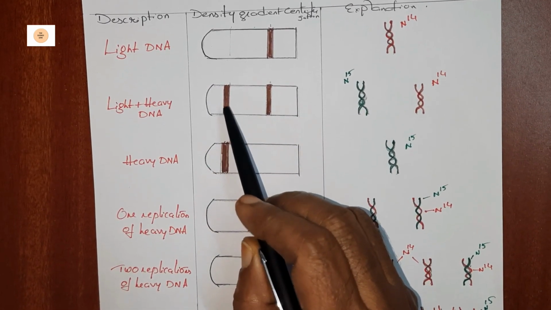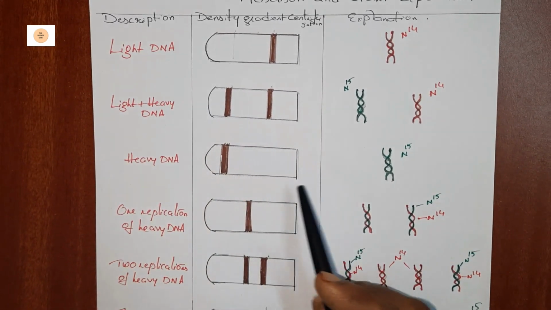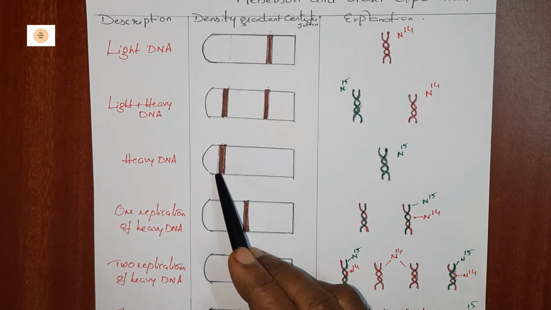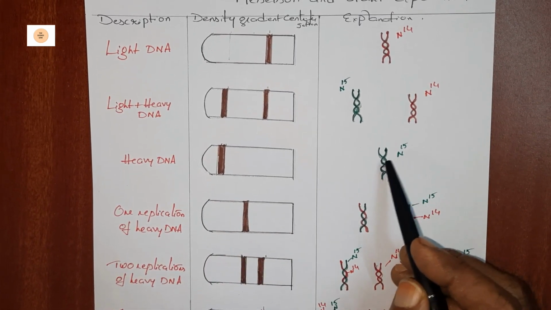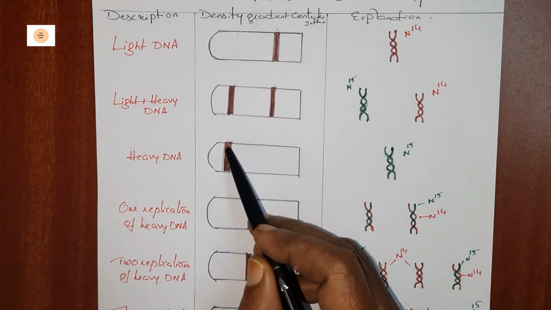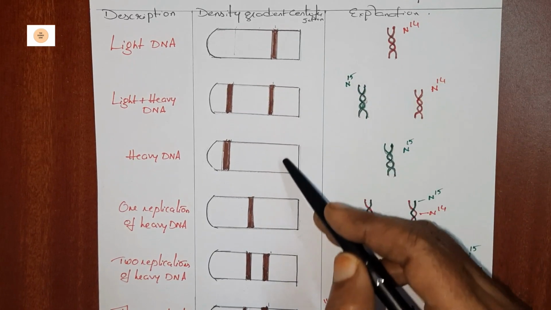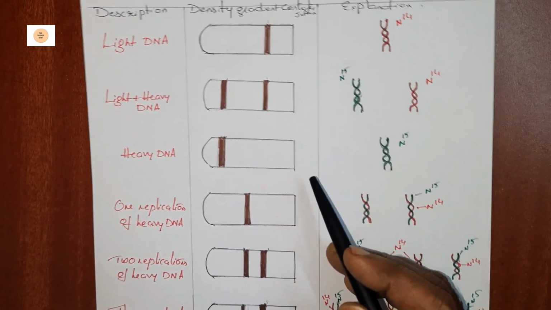So we get two bands for the light and heavy DNA mixture. The third one is only heavy DNA, that means N15. This green one is the heavy DNA, and here we got the band at the base of the test tube. So we are using these three as standard references.